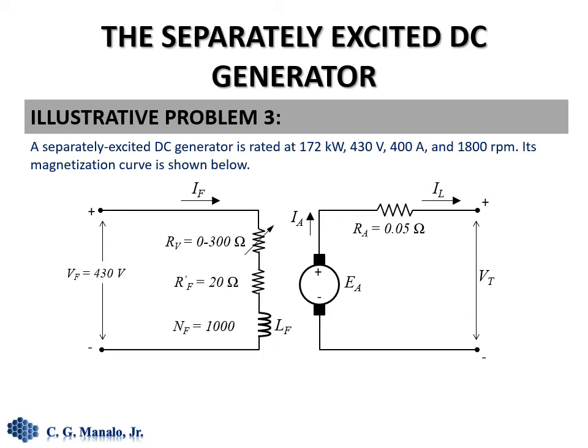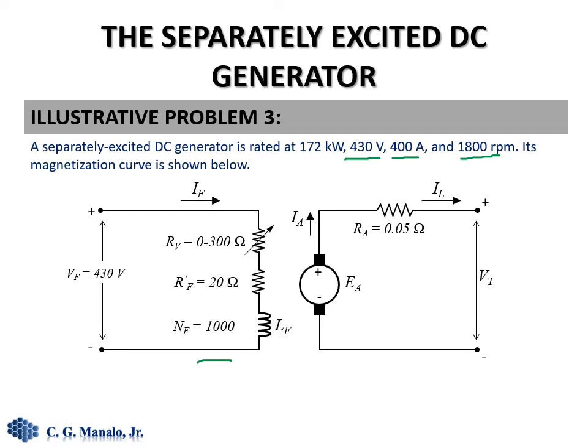That is the rating when its terminal voltage is 430 volts, and with that, it will deliver a current of 400 amperes at a rotational speed of 1800 RPM. The details of the field circuit are also given.